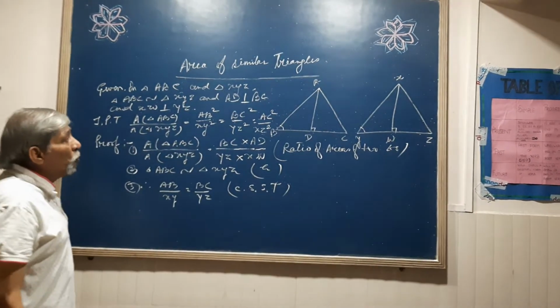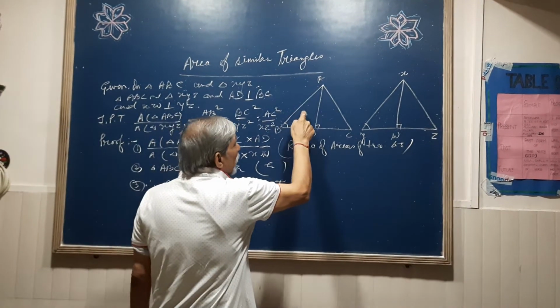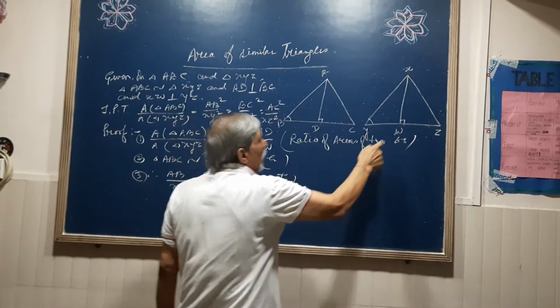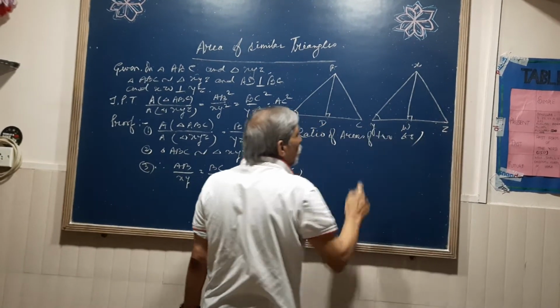Now we will go to prove that triangle ADB is similar to XWY.